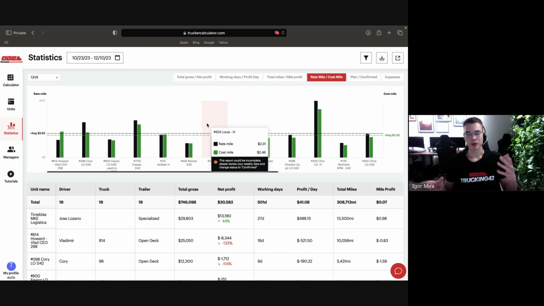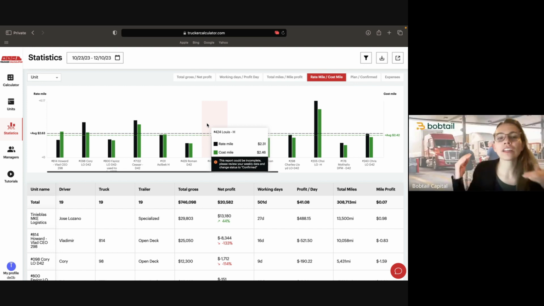Multiplying, let's say, $2.14 per mile and 25%, you would get 58 cents per mile. And to get your target for a dispatcher, you should just add your cost per mile plus your desired additional amount. And that would be $2.86 per mile. By that simple calculation, you could see that to get the desired net profit percent, you will need to take loads not smaller than $2.86 per mile.